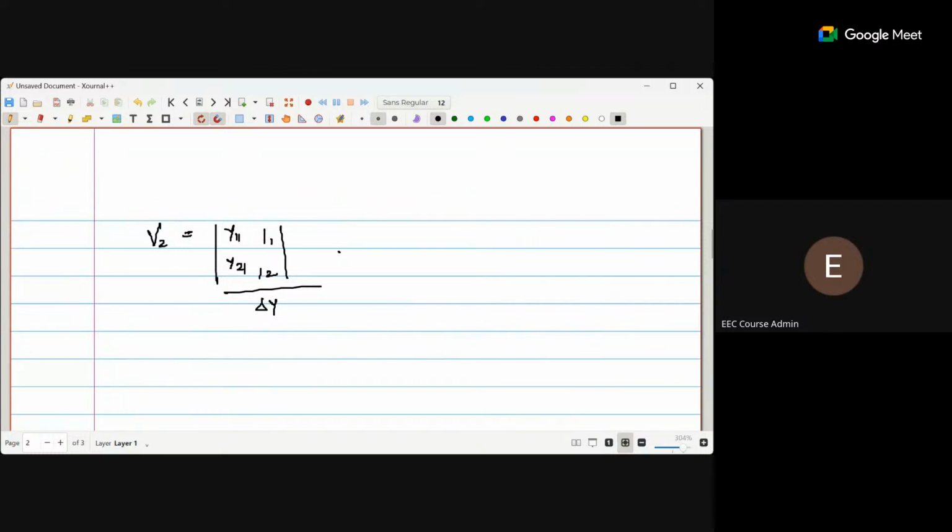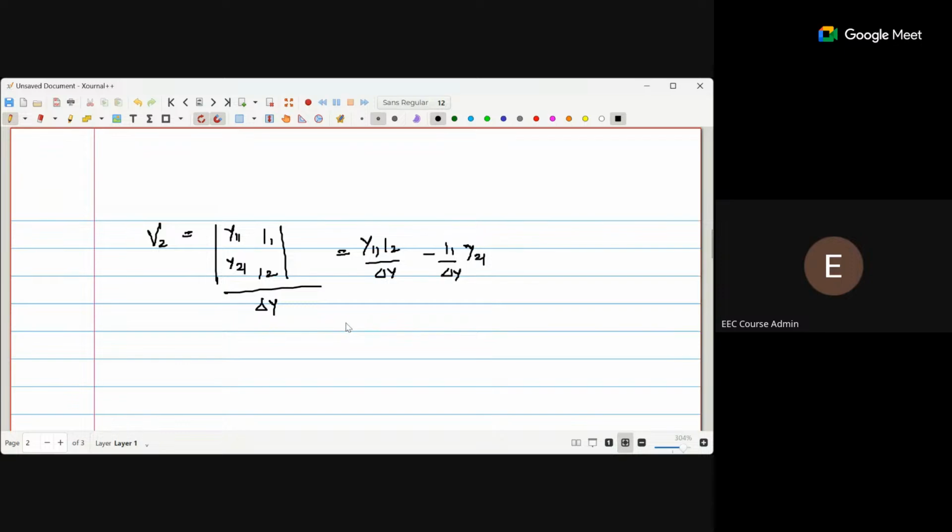So that will be Y11 into I2 by delta Y minus I1 by Y21. Sorry, minus Y21 by delta Y.